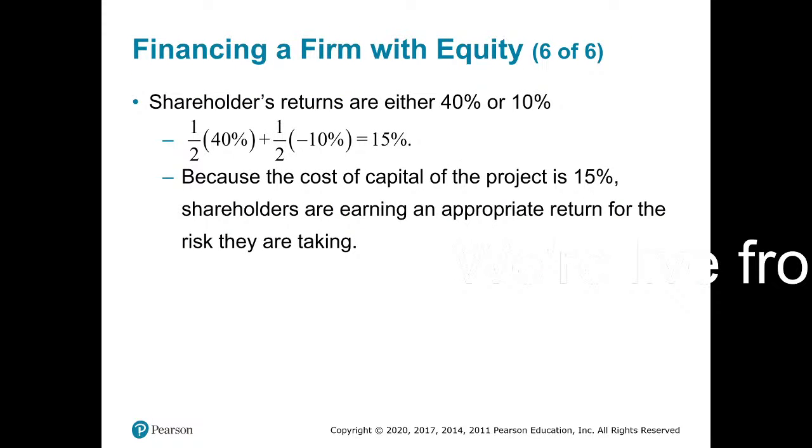And the shareholders' returns are either 40% or 10% negative. So that will be negative 10% here. So the expected return is 15%. And the shareholders should be indifferent whether investing in your product or not.